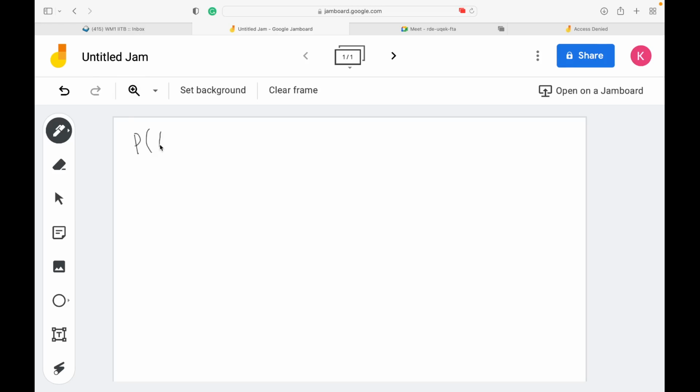So probability of A union B is equal to probability of A plus probability of B minus probability of A intersection B. I hope you all are familiar with this formula. Now this is given as 3 by 4.